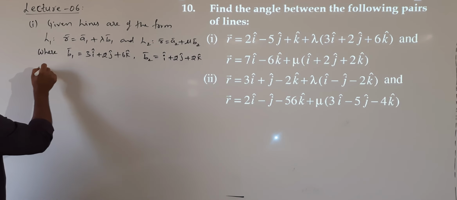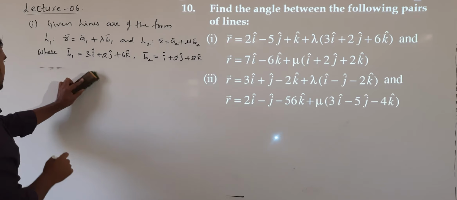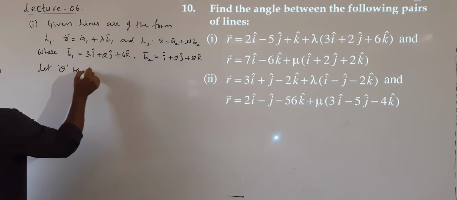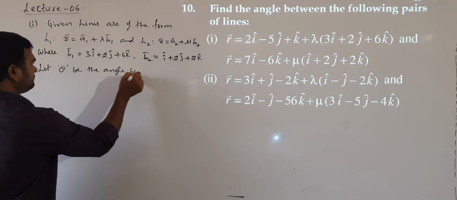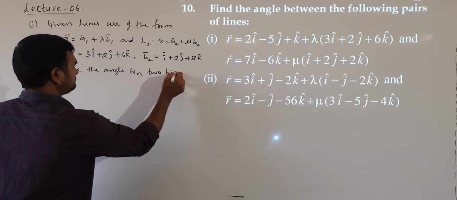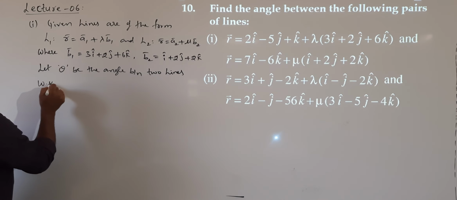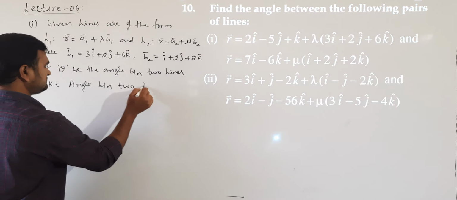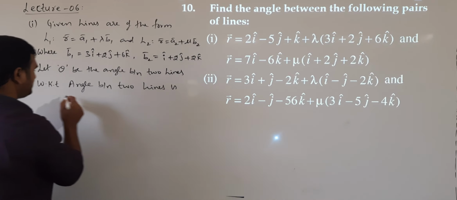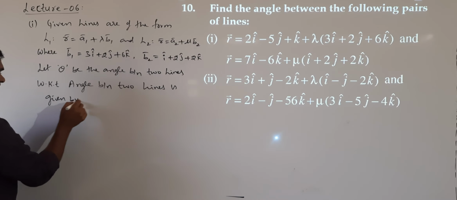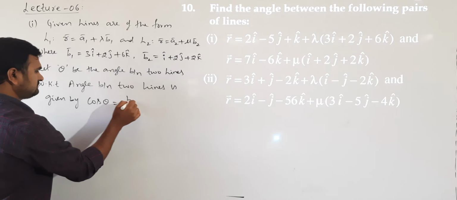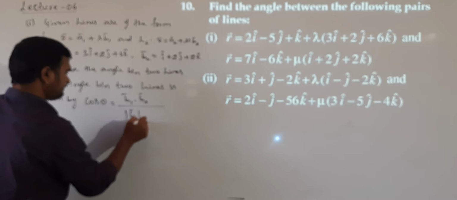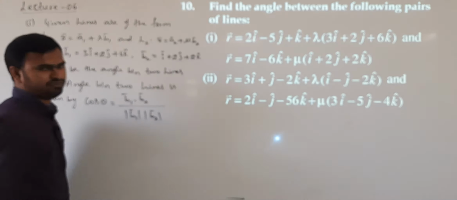So we know that, let theta be the angle between the two lines. So we know that angle between two lines is given by cos theta is equal to b1 bar dot b2 bar divided by magnitude of b1 bar into magnitude of b2 bar.